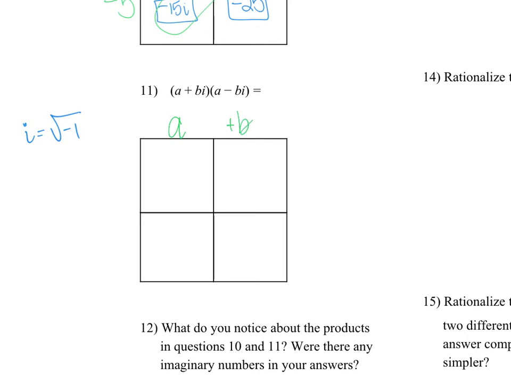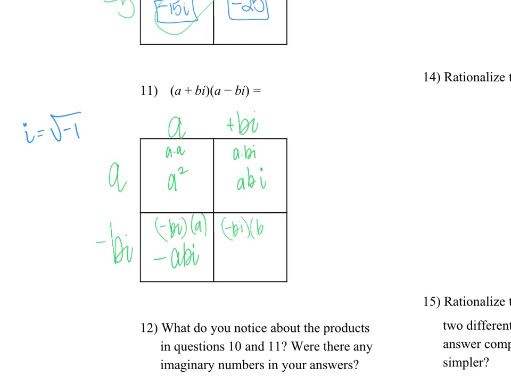A plus bi, a minus bi. So a times a, that's a squared. A times bi, that's just abi. Negative bi times the a is just negative abi. And negative bi times bi is just negative b squared i squared.